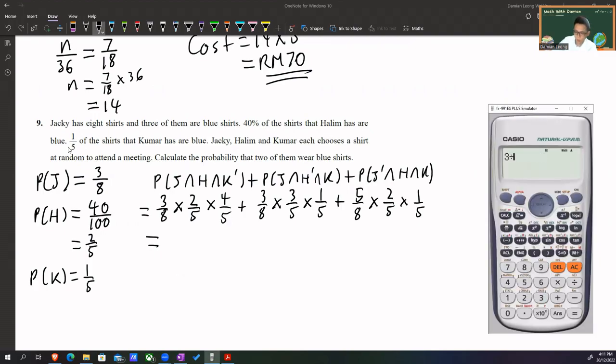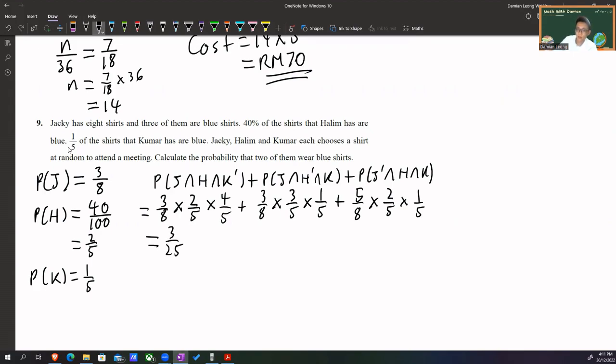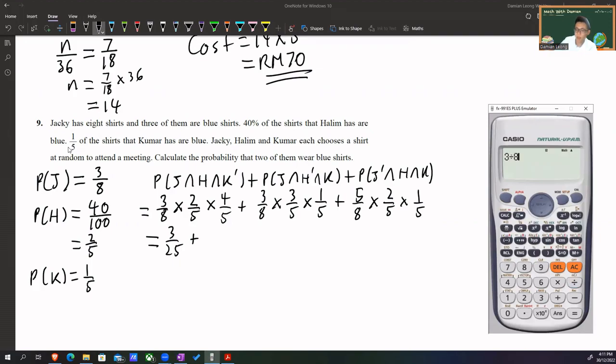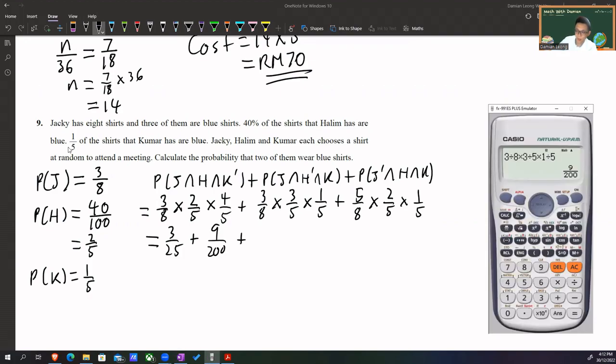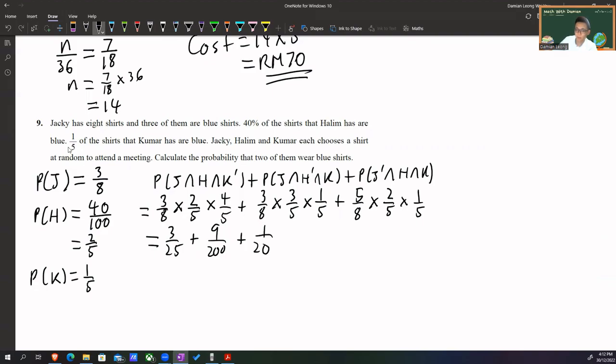So I calculate 3 over 8 times 2 over 5 times 4 over 5, which is 3 over 25, plus 3 over 8 times 3 over 5 times 1 over 5, which is 9 over 200, plus 5 over 8 times 2 over 5 times 1 over 5, which is 1 over 20.